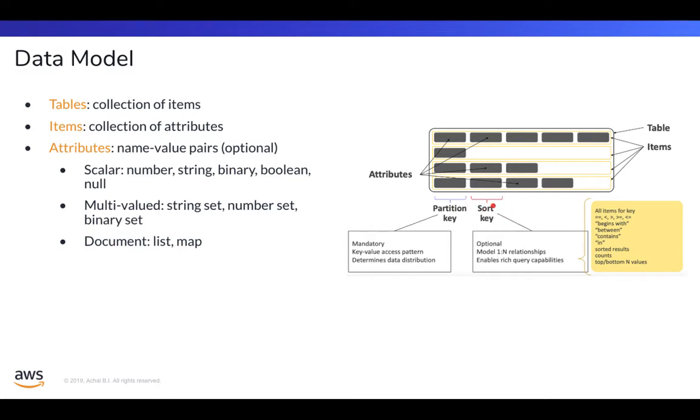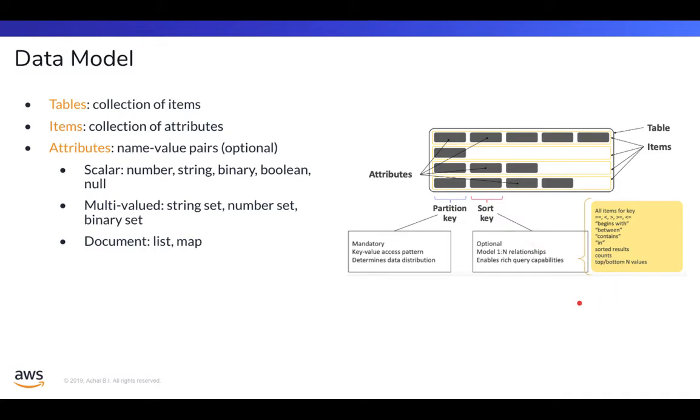Sort key is an optional entity, and this optional sort key gives different relational models that we can define. It can be one-to-n, it can be n-to-n relationships, and basically it enriches the querying capabilities. How does it enrich the querying capabilities?